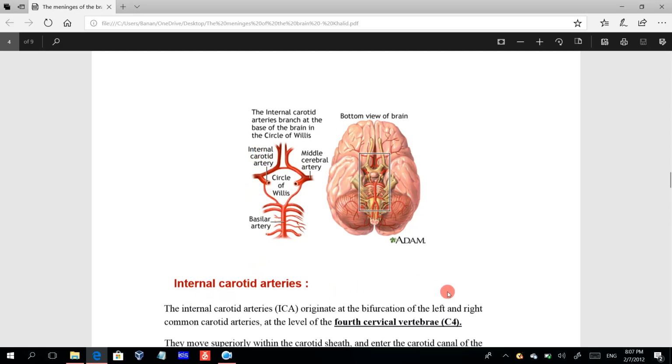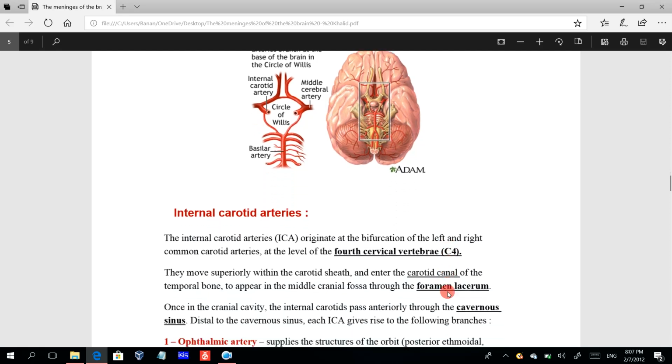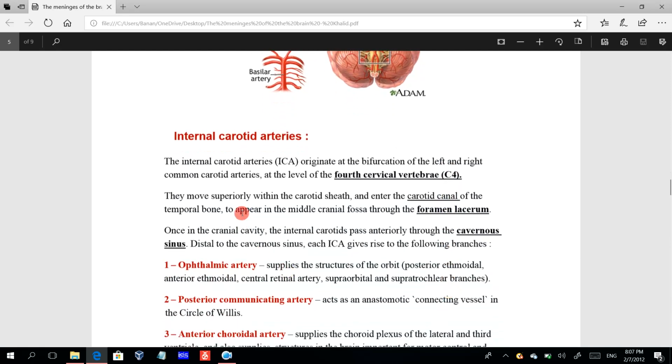Now, we talk about the internal carotid artery and its course and how it reaches the cranial cavity. The internal carotid artery, of course, originates at the bifurcation of the left and right common carotid arteries.